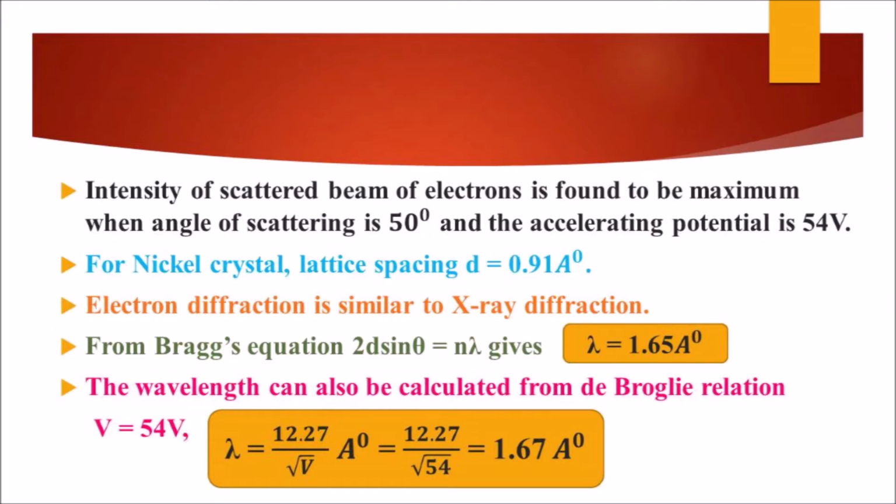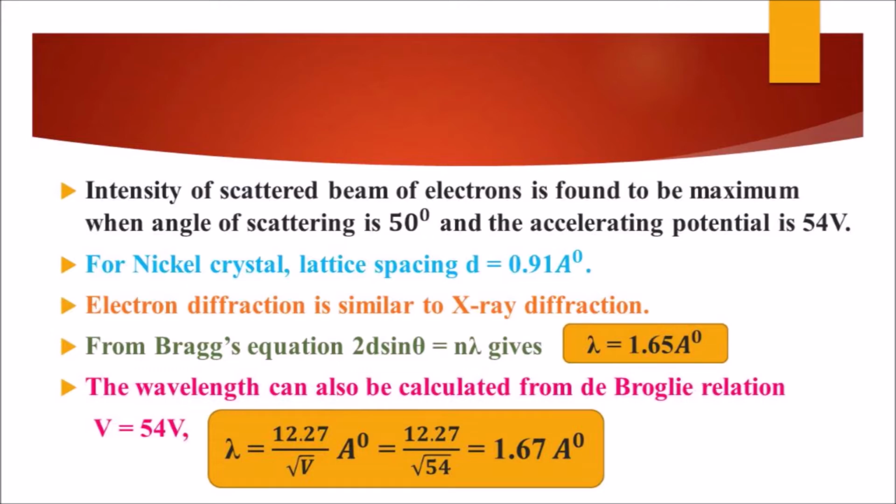The wavelength can also be calculated from the de Broglie relation, where V equal to 54 volt. Then the equation is lambda equal to 12.27 by root of V Angstrom.